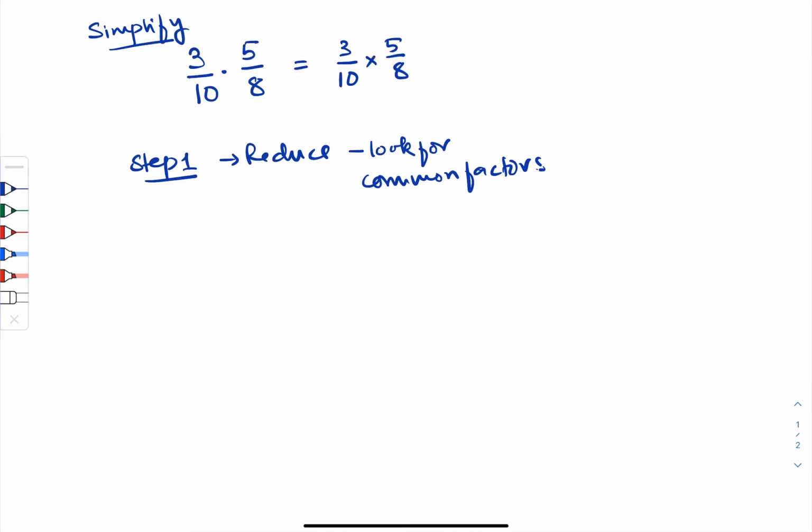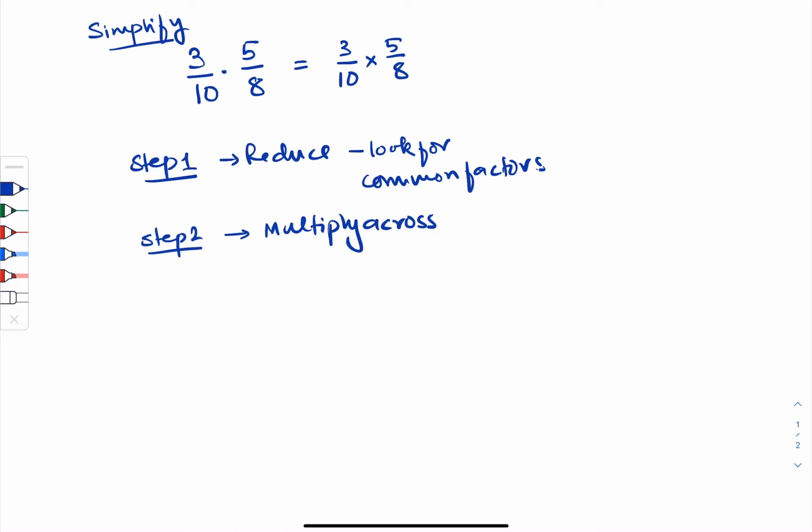So it could be this way, it could be this way, or it could be this way. So basically any numbers on top and any numbers below. Okay, so that's step one. And then step two, after you reduce, multiply across. Okay, so let's go ahead and apply these two steps.